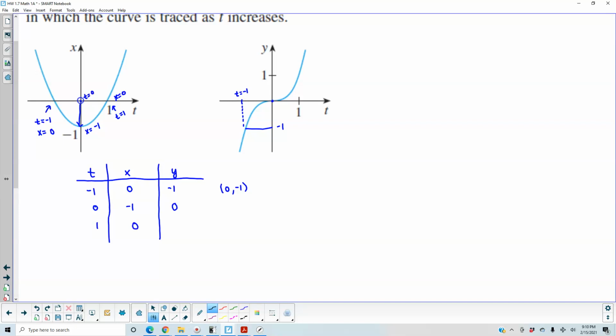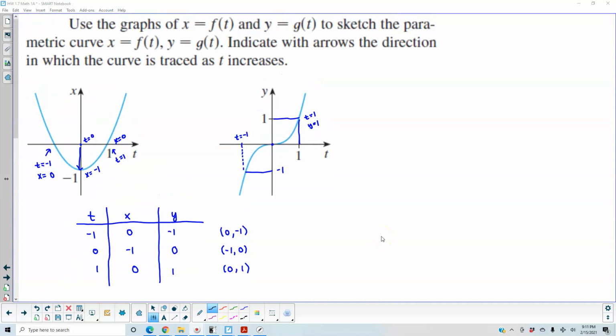And here, when t is equal to 1, the value of y is equal to 1. So here are our ordered pairs: (0, -1), then (-1, 0), and then (0, 1).